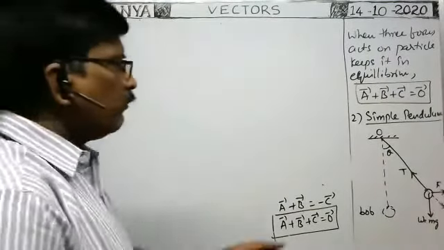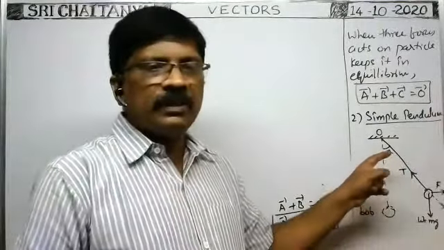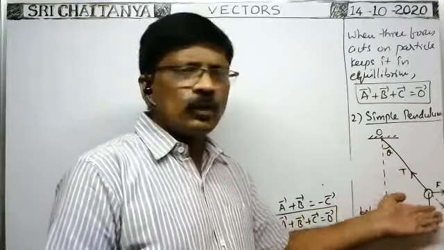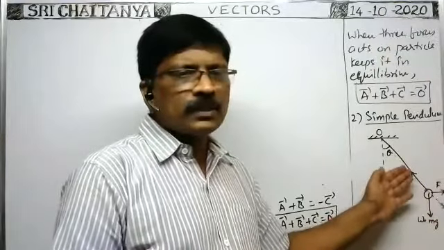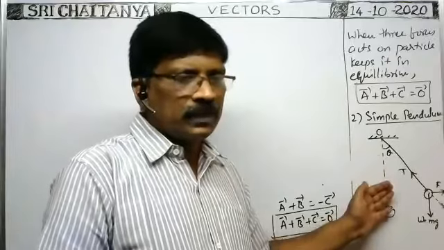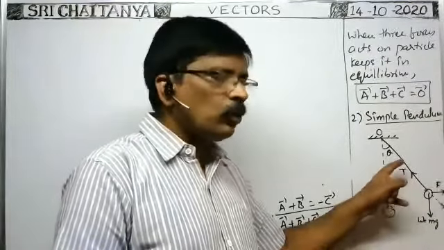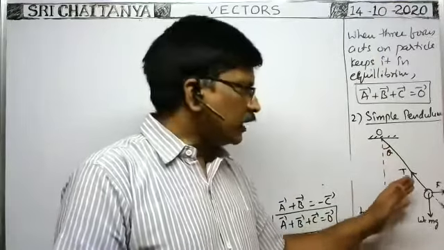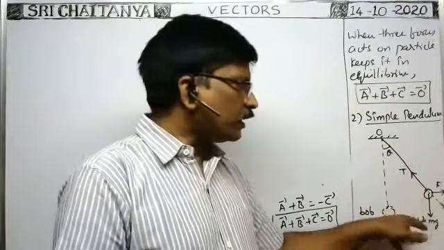When three forces act on a bob simultaneously in different directions, all these are coplanar because all these forces lie in the plane. That's why they are coplanar, non-collinear forces. Three non-collinear coplanar forces act on the bob simultaneously in different directions and keep the bob of the pendulum in equilibrium. Then what is the relation among them?